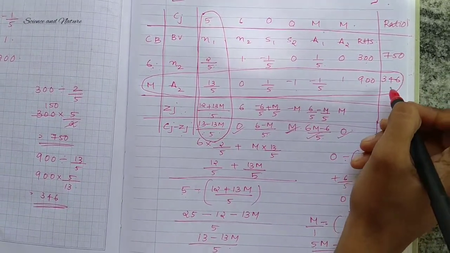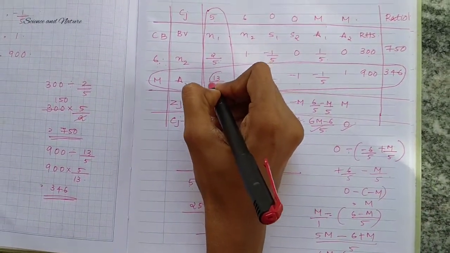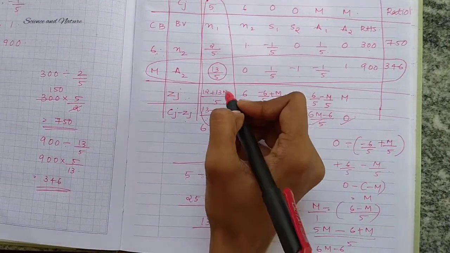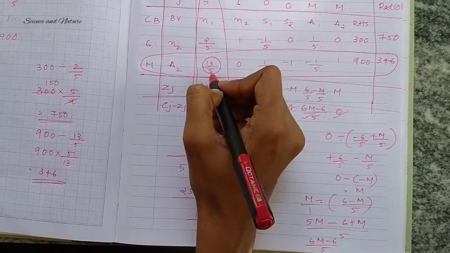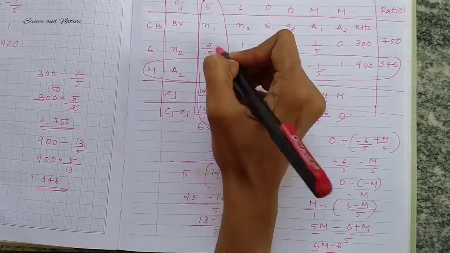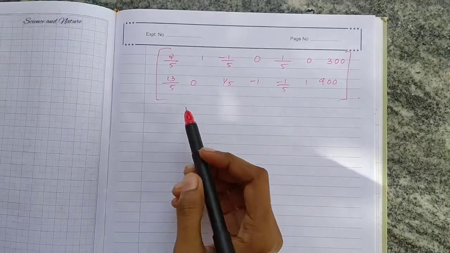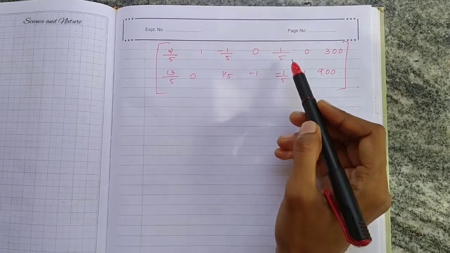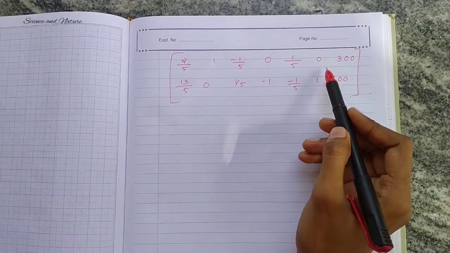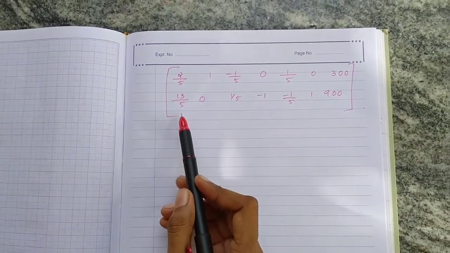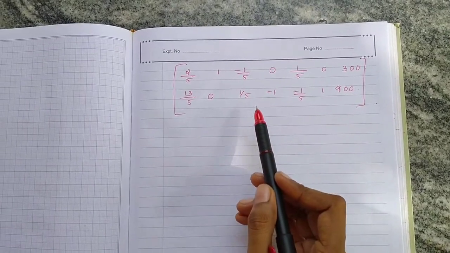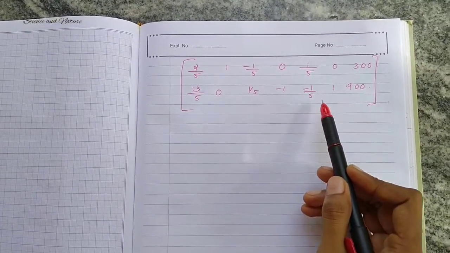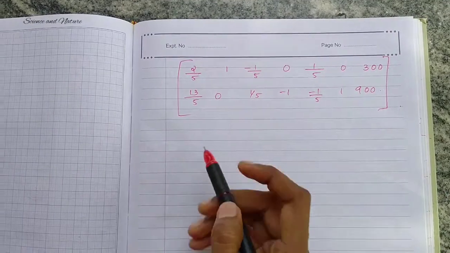It is the key row and our key element is 13 by 5. In this case, we need to make the 13 by 5 as 1 and 2 by 5 as 0. Here our matrix is 2 by 5, 1, minus 1 by 5, 0, 1 by 5, 0, 300; 13 by 5, 0, 1 by 5, minus 1, minus 1 by 5, 1, 900.